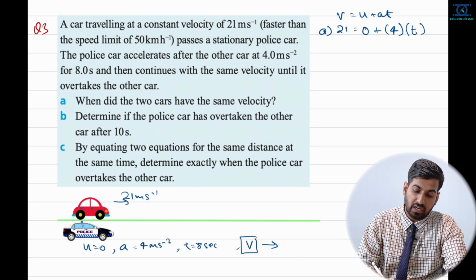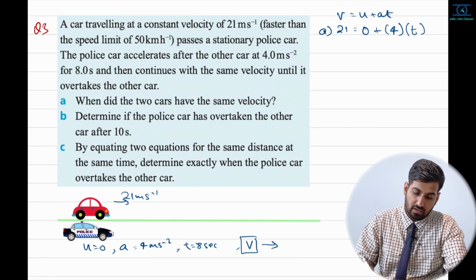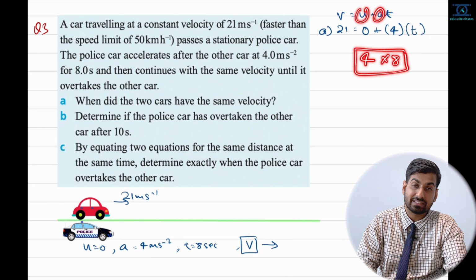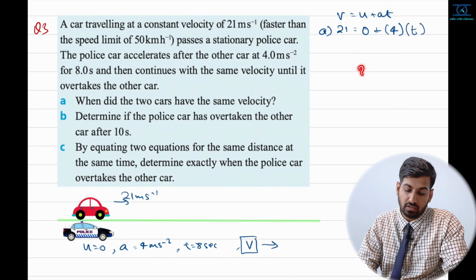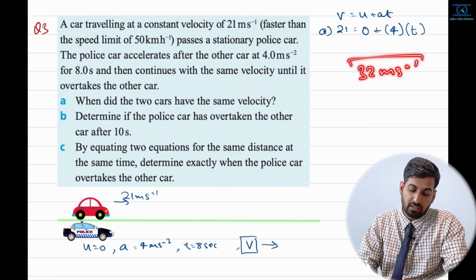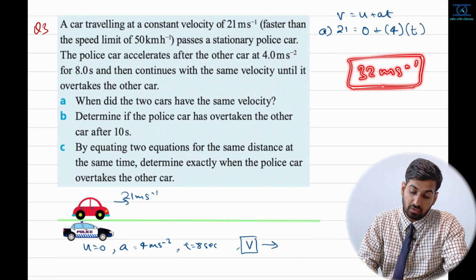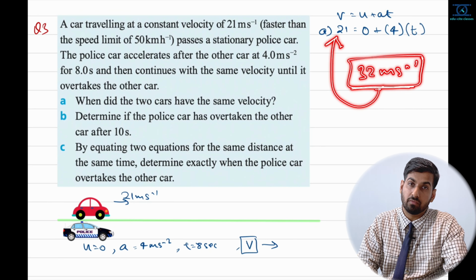I am considering t because we know that the maximum velocity of this police car will be u plus at, where a is 4 and the time is 8. So it will accelerate till it reaches a speed of 32 meter per second. And before that, during the acceleration only, this police car will attain a speed of 21, because 32 is greater than 21, right?